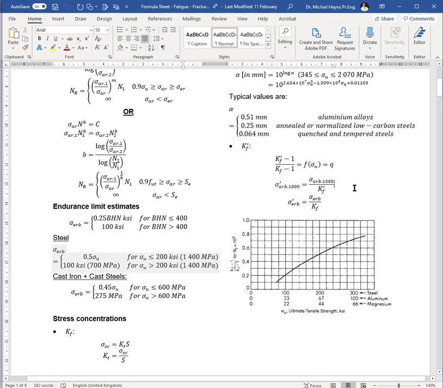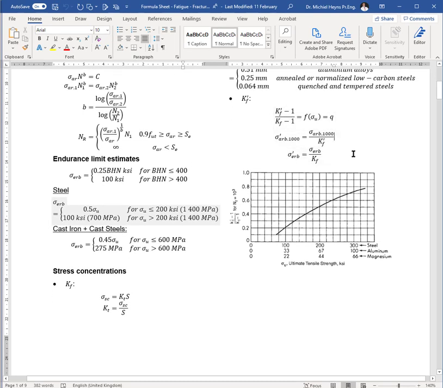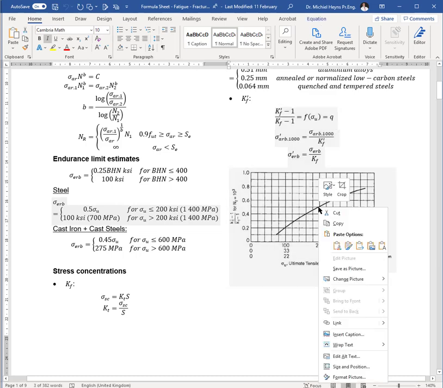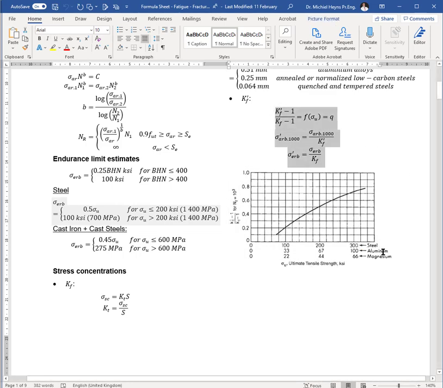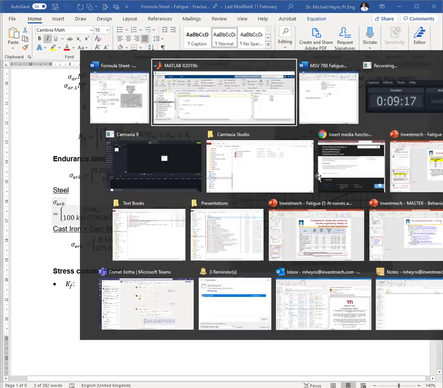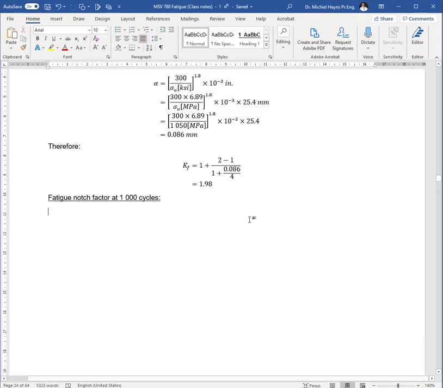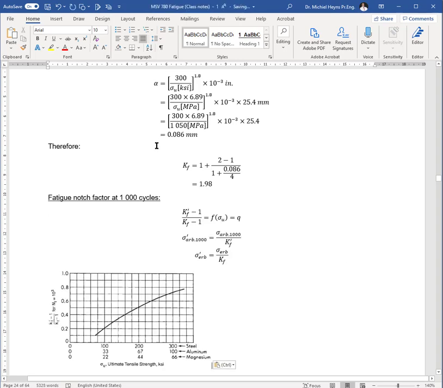Kf accent is given by this equation. So what I'm going to do is copy all of these to our sheet so that we can apply that, so that we can calculate the fatigue notch factor at 1000 cycles.